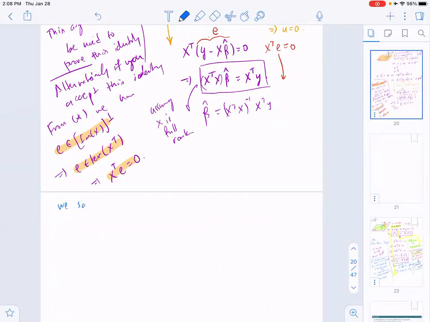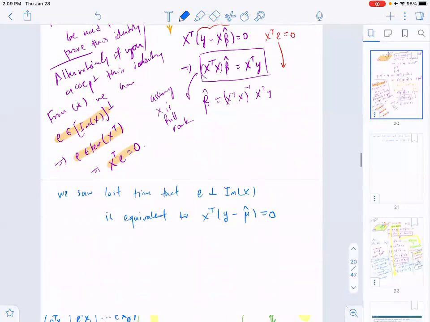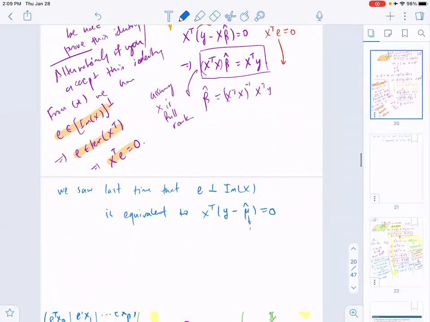We saw last time that E being orthogonal to the image of X is equivalent to X transpose (y minus mu hat) being equal to 0, and mu hat is X beta hat, basically.